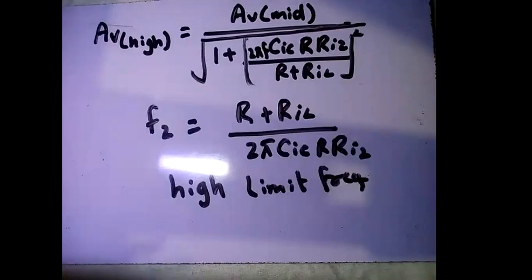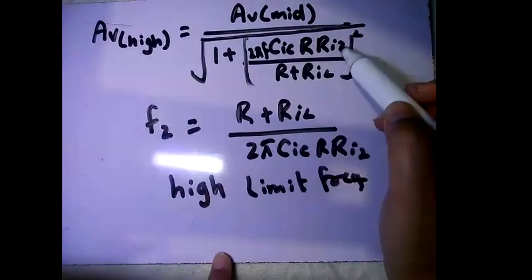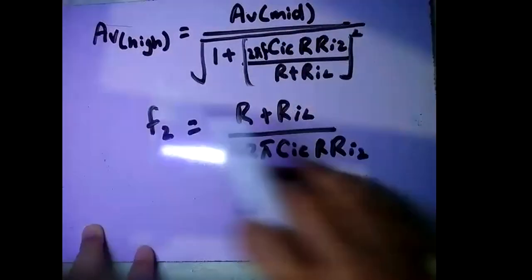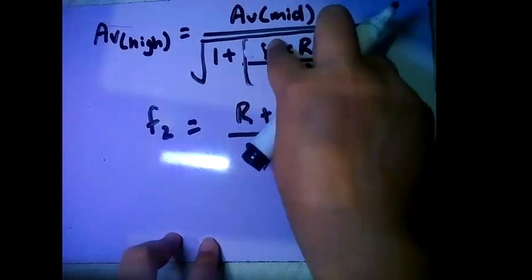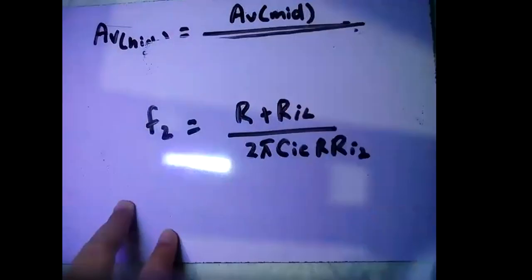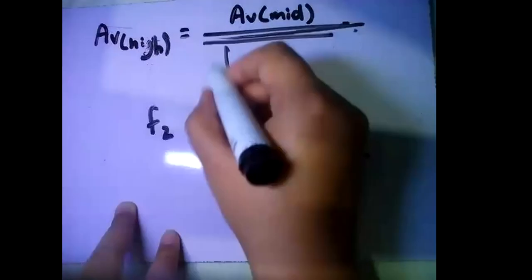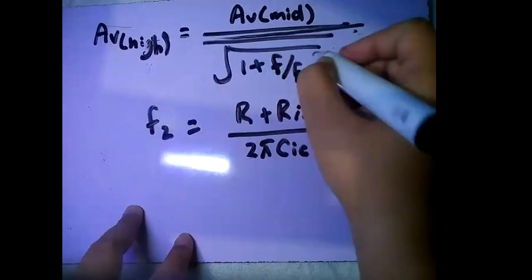So by putting that relation in, f2 is equal to (R plus R_i2) divided by 2 pi C_IE R R_i2, and the relation will become, here you can replace the whole thing, 1 over under root of 1 plus (f over f2) square.